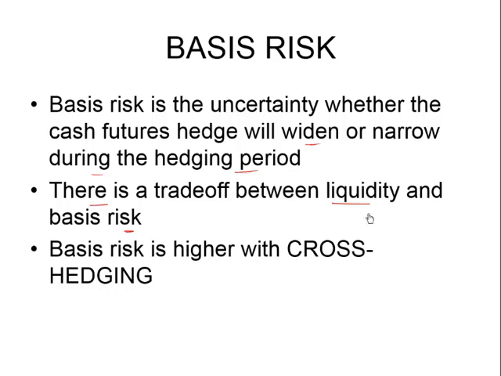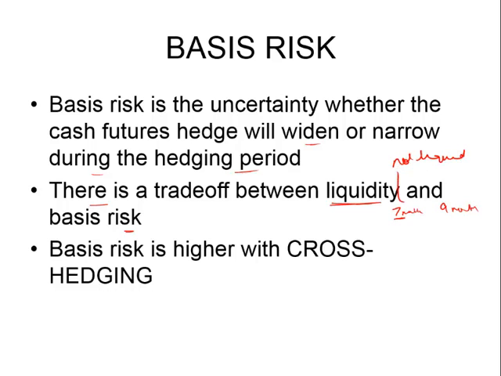So if instead of using a 9-month contract, we used a 7-month contract, probably the basis risk would have been a lot lower, because 7 months later the spot would be equal to the futures, or we would know that beforehand, because at t equal to 7 our contract is also expiring, and at t equal to 7 the money is also coming. But then 7-month futures are not available or are not liquid.